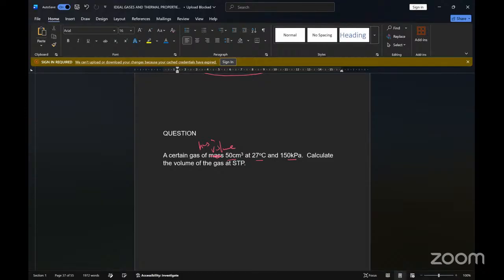Calculate the volume at STP. So because there is V, there is T, there is P, you use P1 V1 over T1 is equal to P2 V2 over T2, like we did previously.